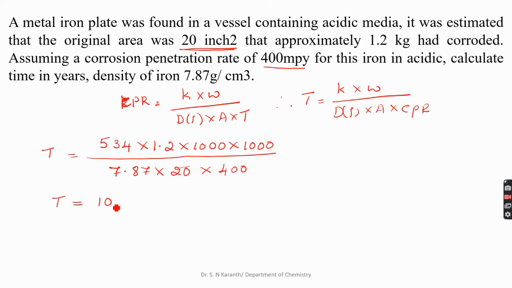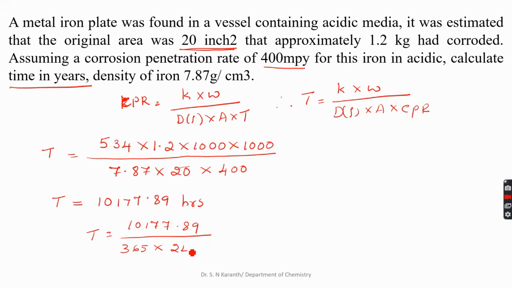After calculation I got 10177.89 hours, but they asked to express in terms of years, so that's why the T value should be divided by 365 and should be divided by 24. 365 into 24, I got 1.16 years.